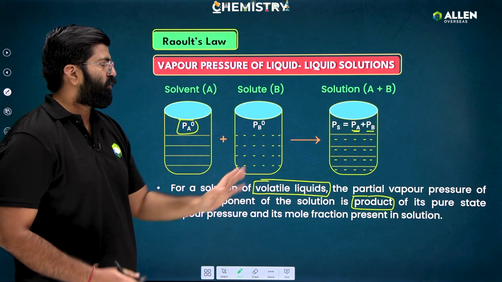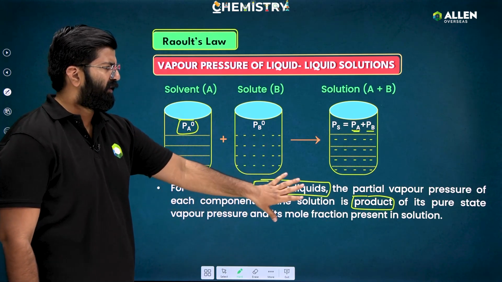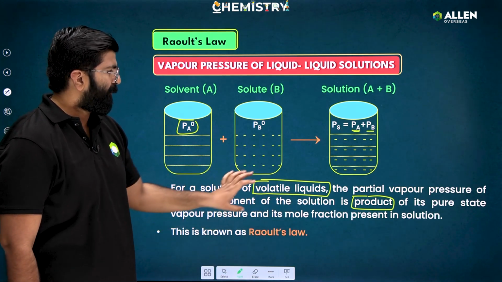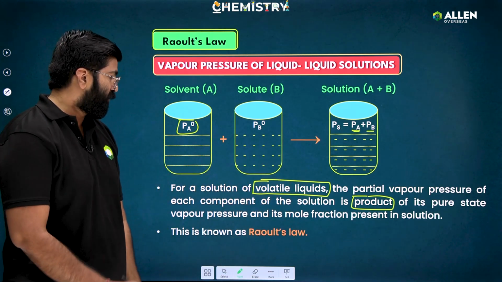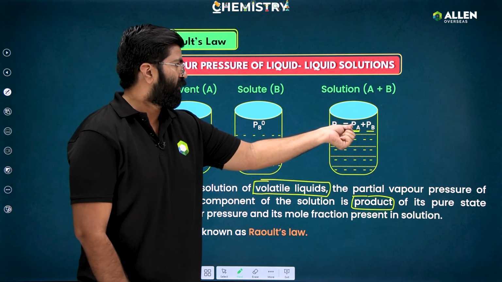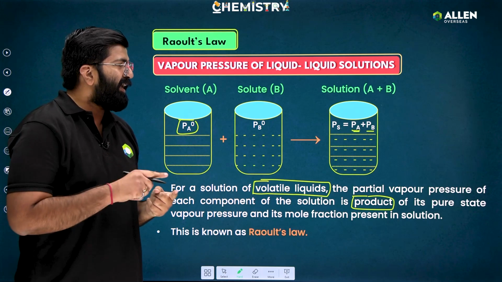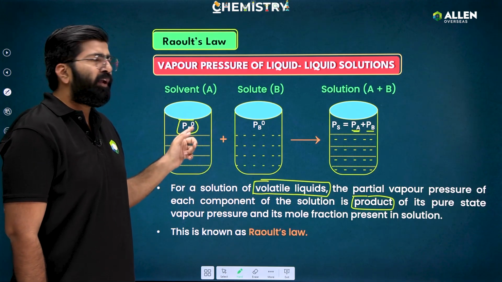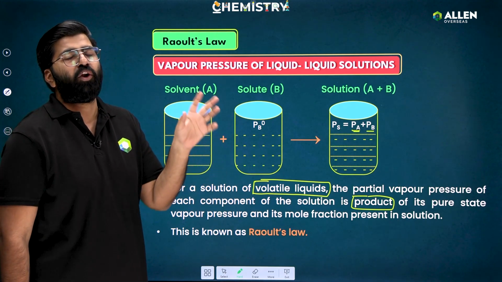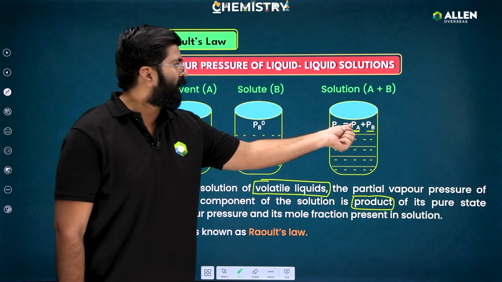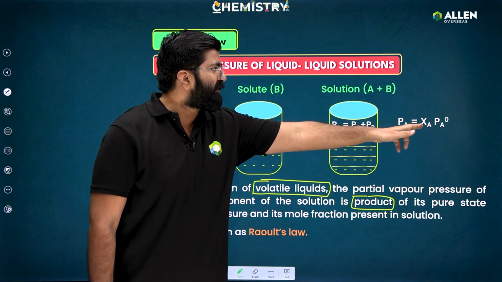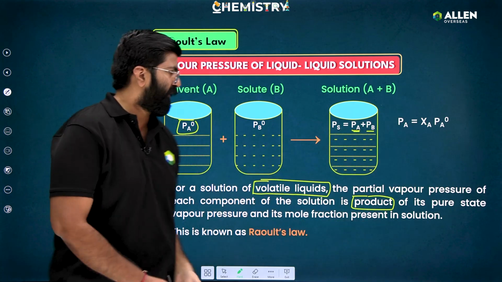So let's say this is your PA, the partial vapor pressure of your A, plus the partial vapor pressure of your B. But this is the vapor pressure of the pure component of your A. This is nothing but your Raoult's law. Mathematically, PA is equal to your PA naught multiplied by the mole fraction of your A. So in short, I can write PA is equal to XA times PA naught.